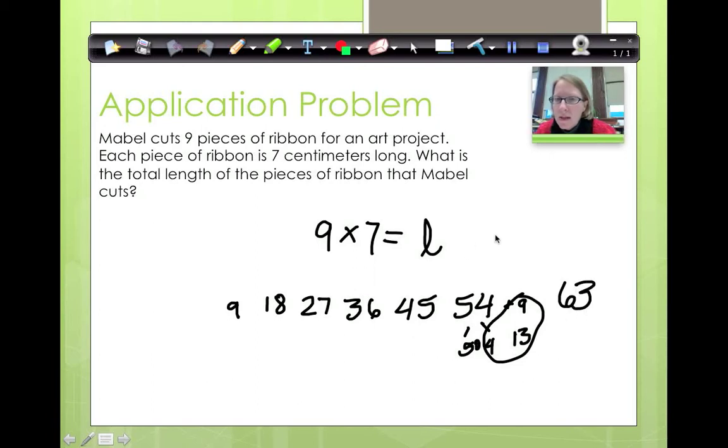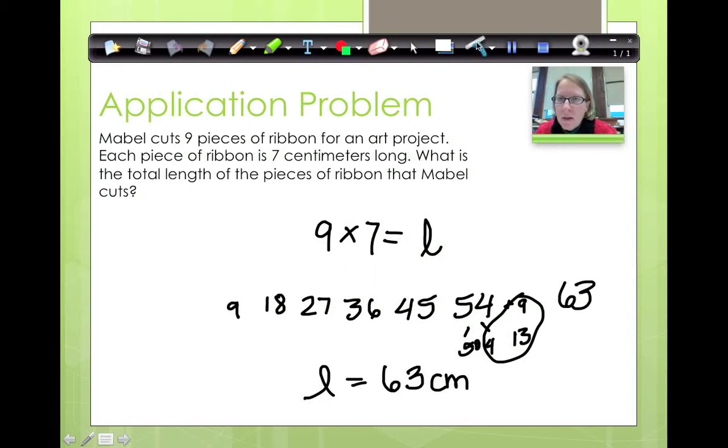There it is. So, L equals 63. 63 what? I don't have a label. We are measuring in centimeters, so she cuts 63 centimeters. Here's my answer.